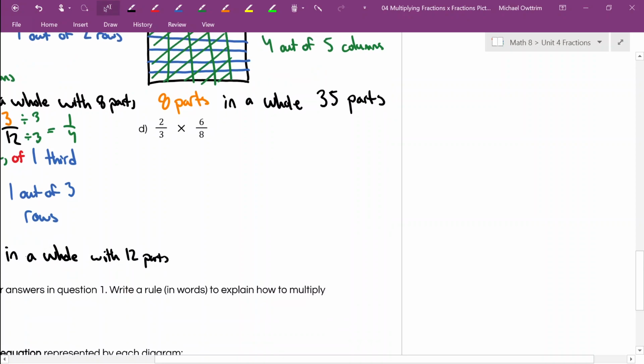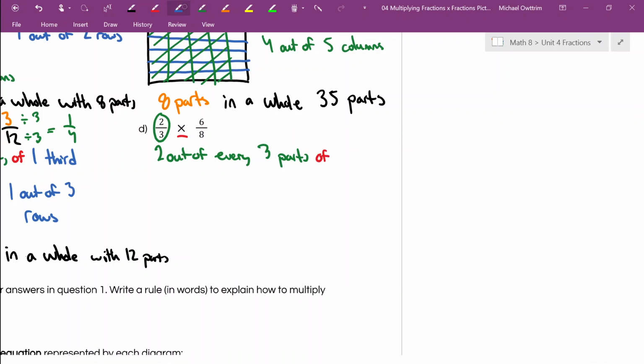Finishing up with question D, we're going to be keeping 2 out of every 3 of our 6/8. And so we'll draw a rectangle.